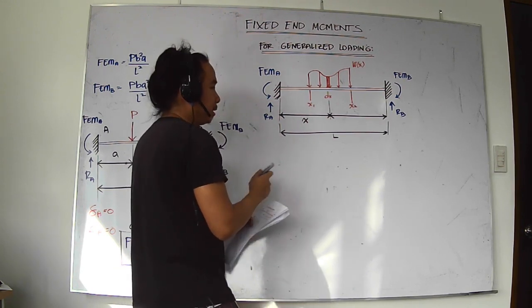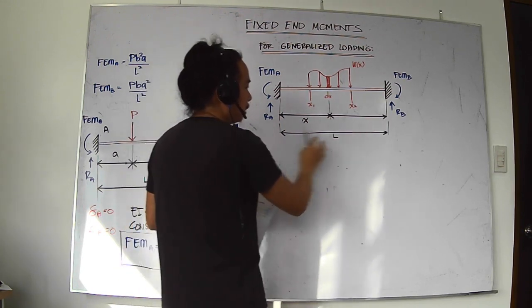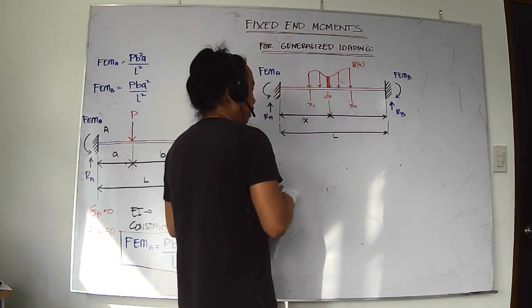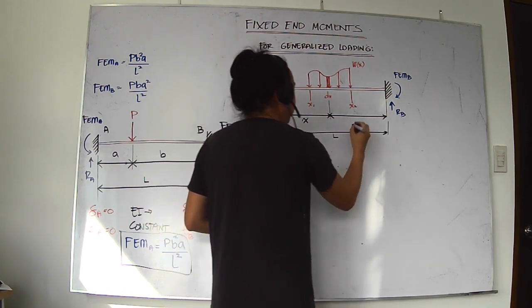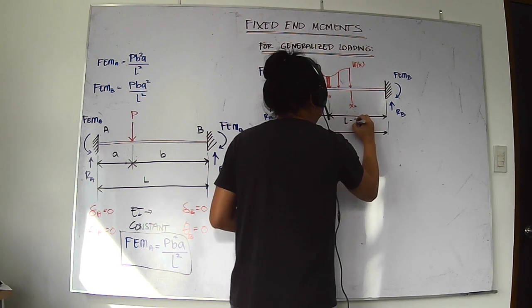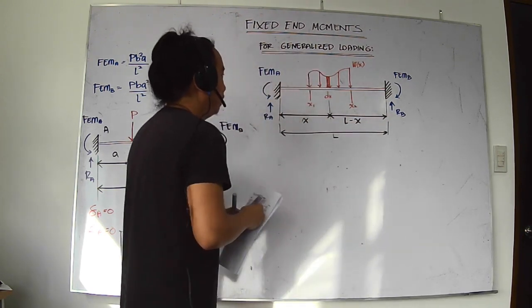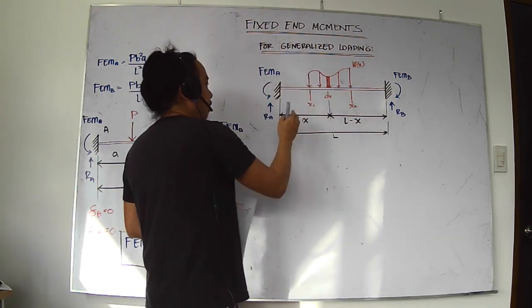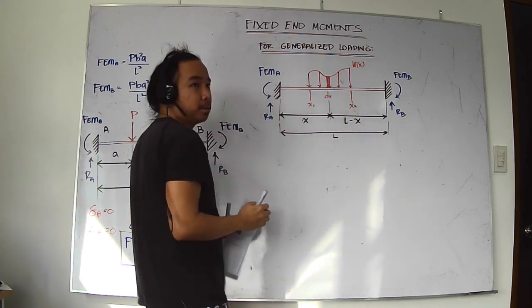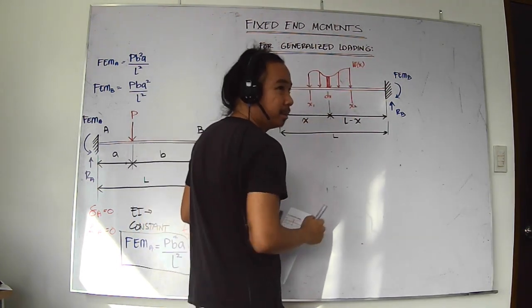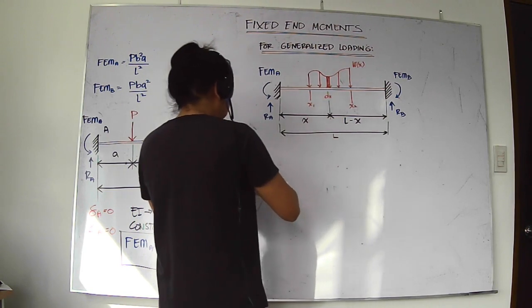The entire span is L. If this is x and this is L, then this should be L minus x. This load starts from x1 and ends at x2. Its heights vary.